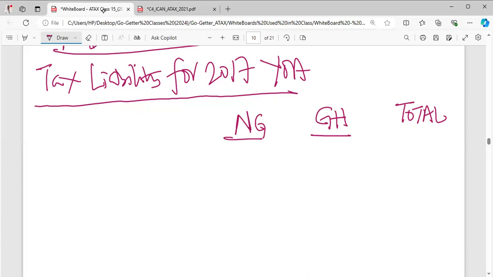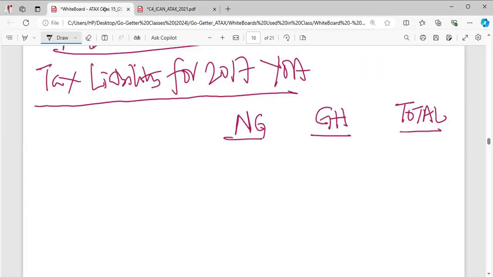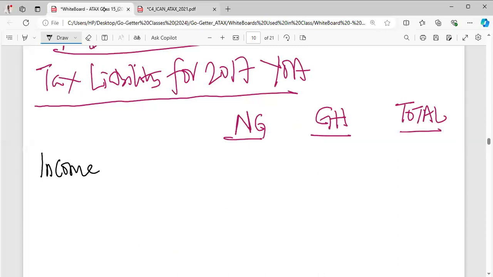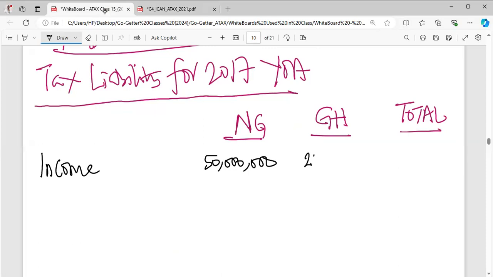We now have income from Nigeria, which is 50 million. Ghana is 22 million. Add them together, it should give you 72 million.